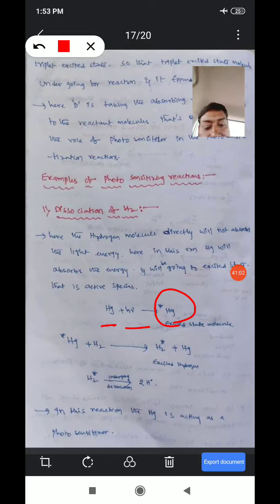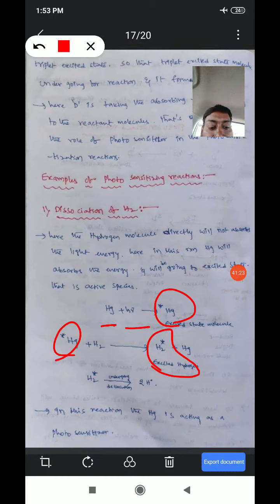Next, the excited state mercury reacts with hydrogen, and the hydrogen goes to an excited state. This excited state hydrogen undergoes dissociation and finally forms hydrogen radicals.